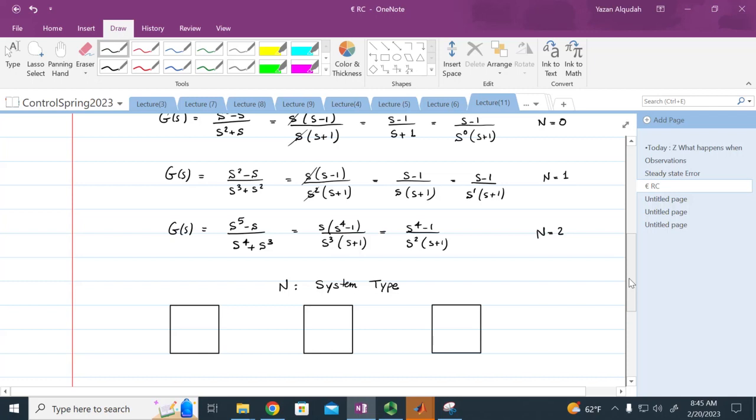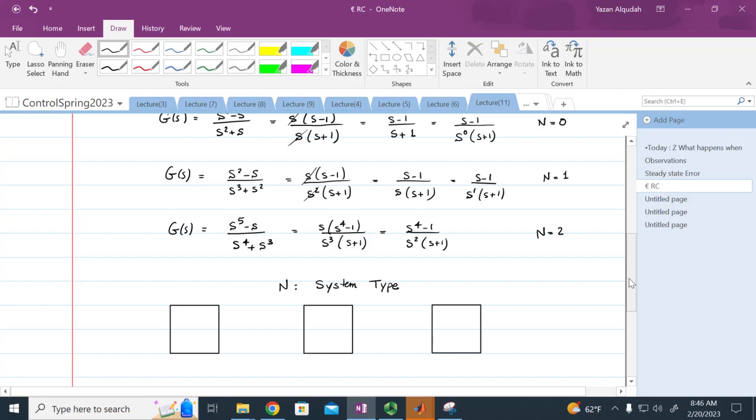What is a 1 over s from Laplace properties? And s in the numerator, what was s in the numerator? A derivative, wasn't it? S multiplied by any function is the derivative. 1 over s, what is 1 over s? Integrator. 1 over s is integrator. So when n is equal to 1, it means this system has an integrator inside of it. When n is equal to 2, what does this system have? 2 integrators inside of it, and so on.